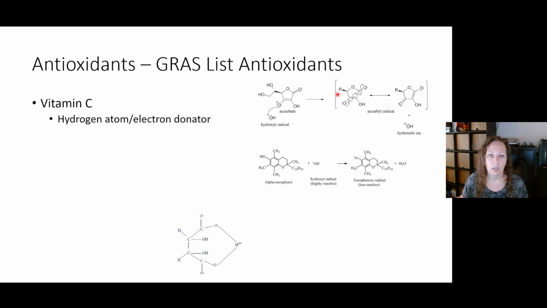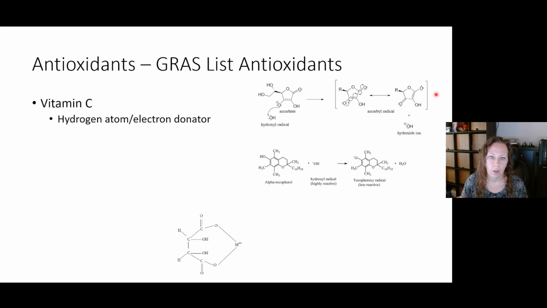And the ascorbic acid, it just kind of changes its structure to be stable again. So it has a radical here, right? There's an unpaired electron. It gives that unpaired electron to this bond, and there is a double bond here, and this oxygen gives that electron to that double bond there.